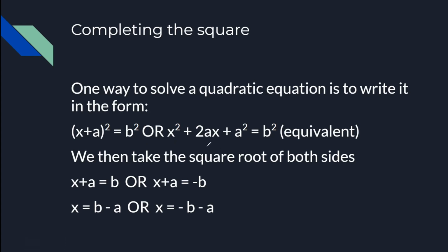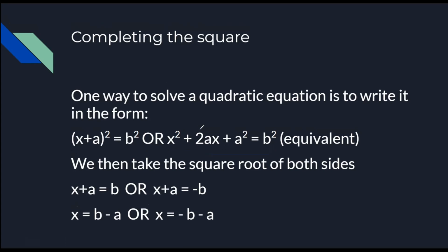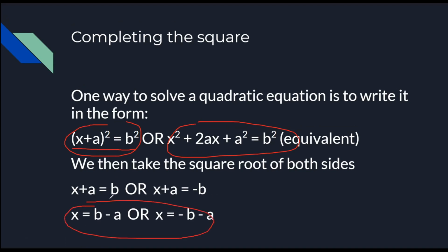Once we get it in this form, it's useful because this equation is equivalent to x plus a squared equals b squared. And when we have squares on both sides of the equation, we can take the square root on both sides, and then we'll find that x plus a equals b or x plus a equals negative b. And then we'll get the two solutions, okay?